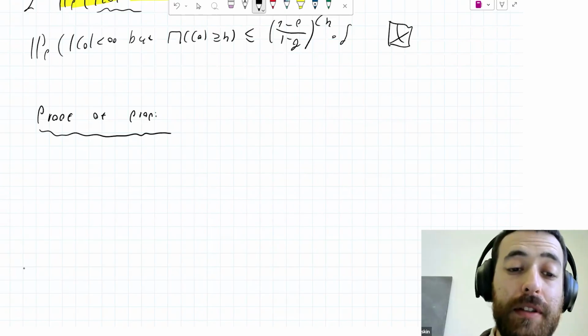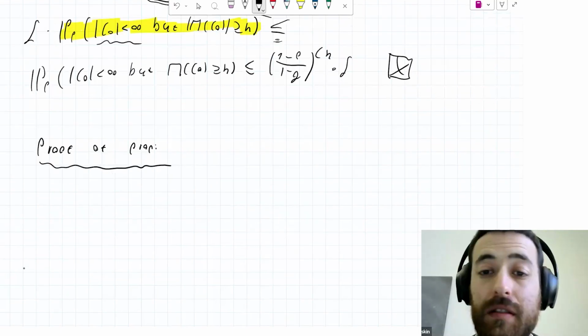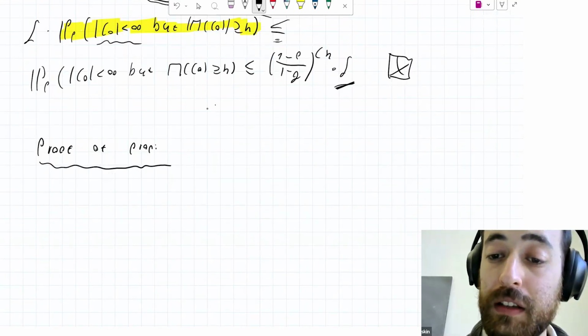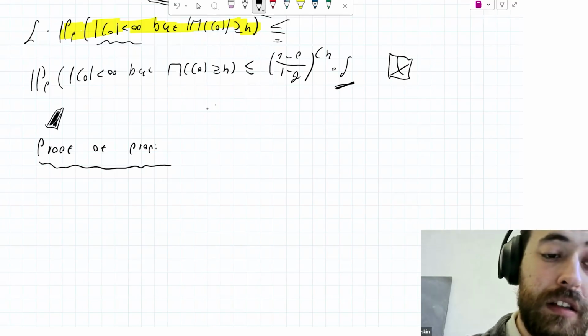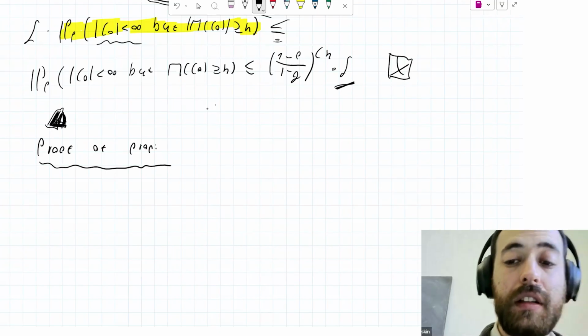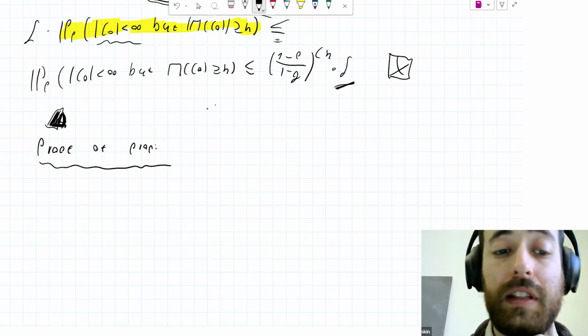Before I do that, let me just have one small remark. Observe here, and this is already one tiny novelty in our paper, delta doesn't have to be constant.